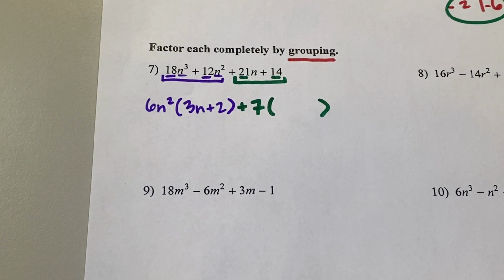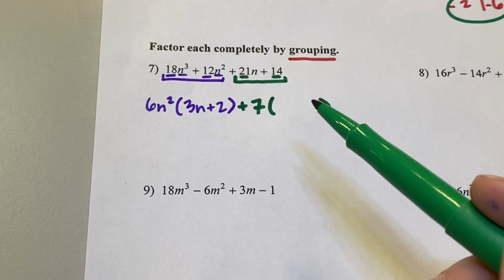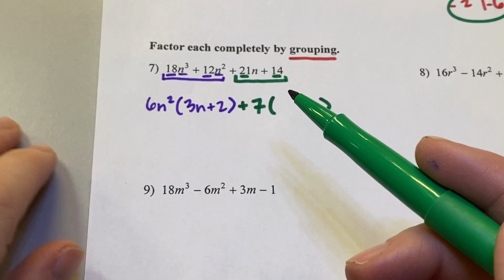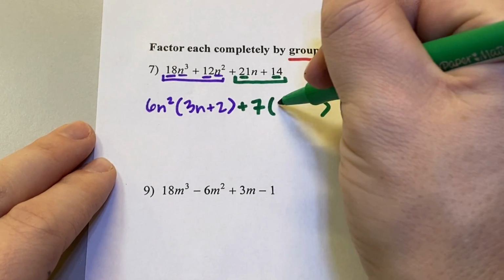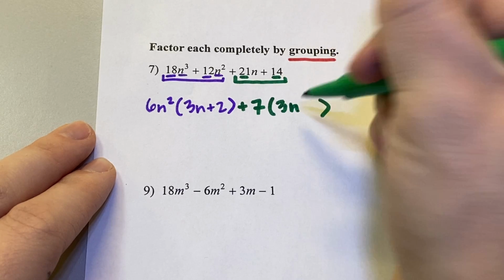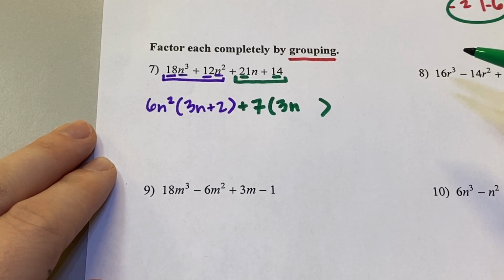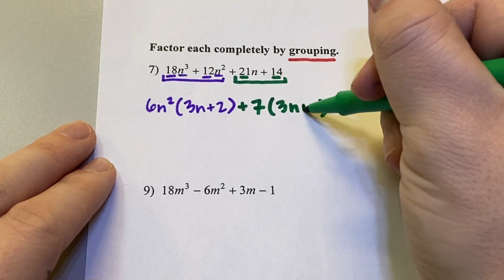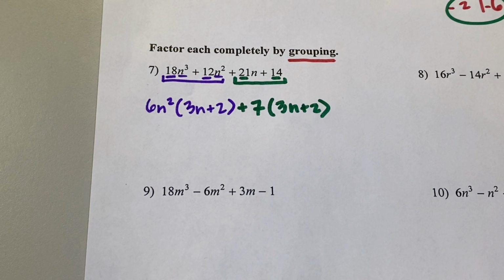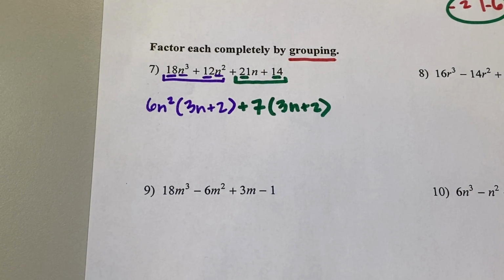Let's figure out what's left. 21 divided by 7 is 3, and then my 1 n is left with the 3. 14 divided by 7? 2. Beautiful. Are the guys inside our parentheses the same thing? Yep. That was our whole goal.